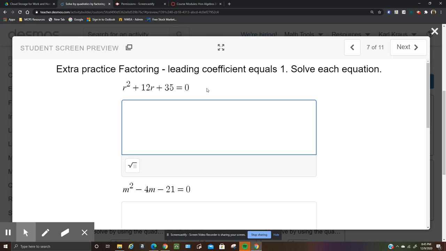So all you have to do is find the factors of 35 that add to 12. 7 and 5. Get r plus 7 and r plus 5.